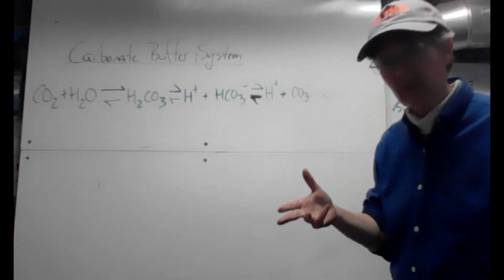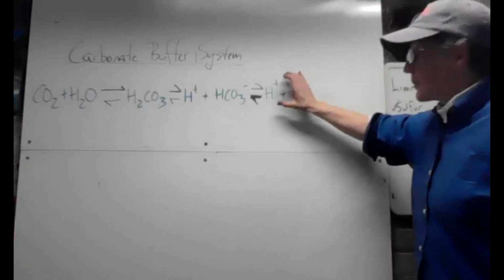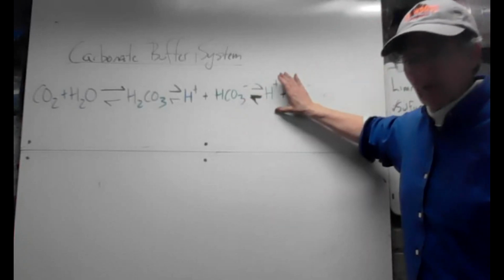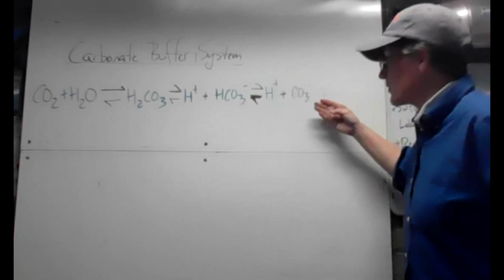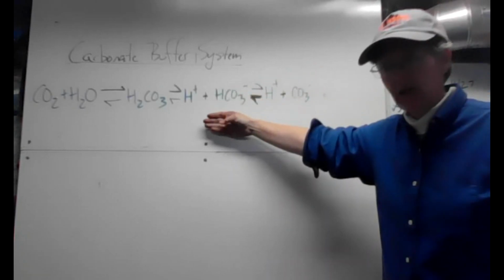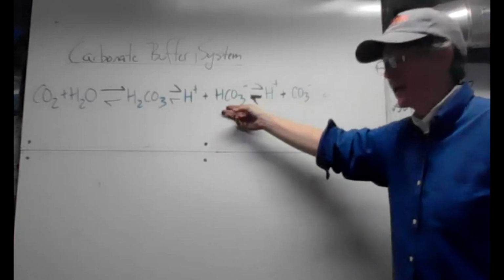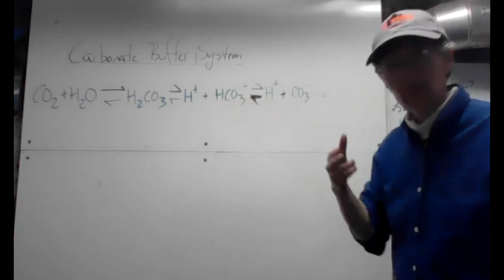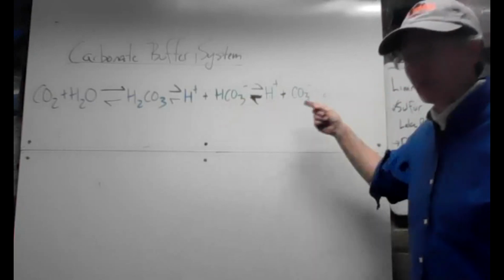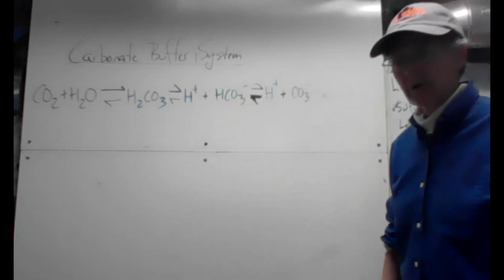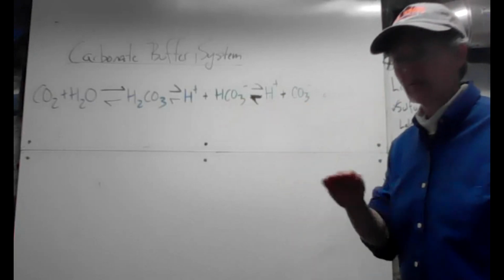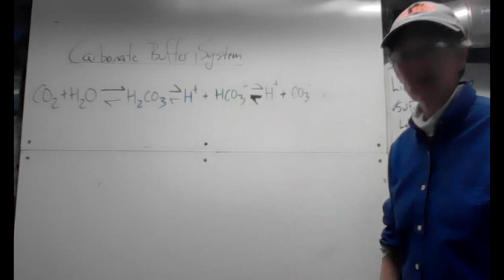And in fact, you can throw a ton of protons into the water and have them all get tied up with converting carbonate into bicarbonate. And the result is you threw sulfuric acid into the water and the pH did not change.